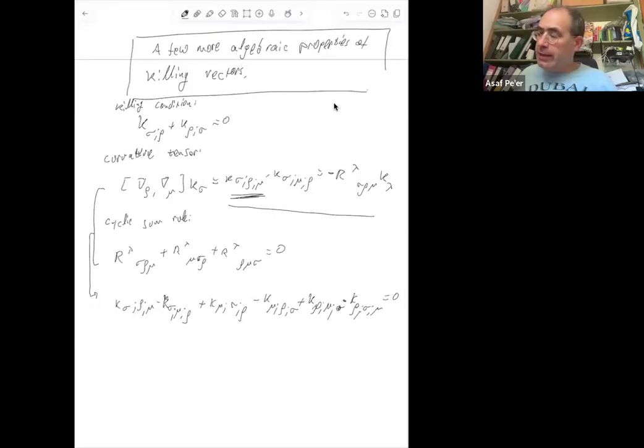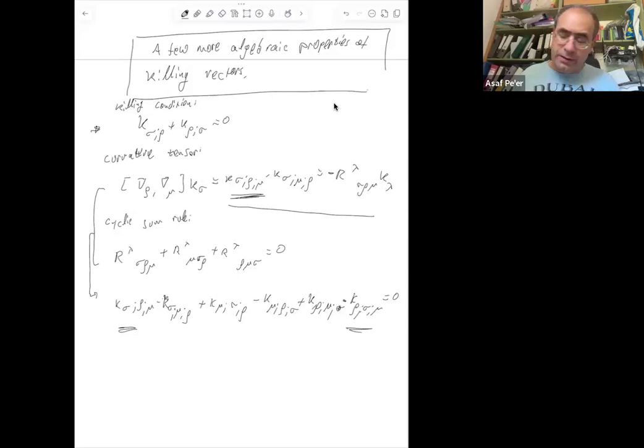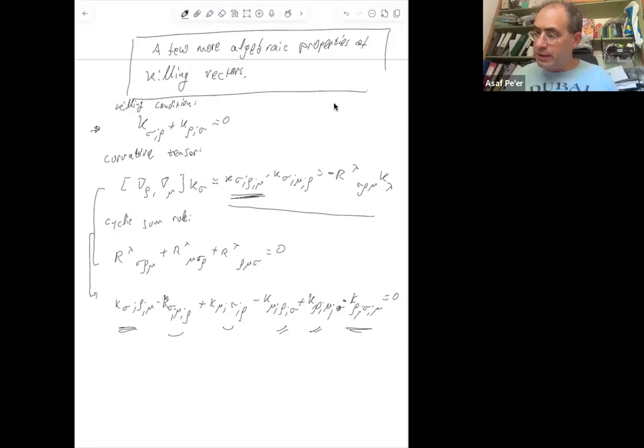Now we're using again the Killing condition. This would be a minus, I can switch that, and I get the same, so I get twice the first one. The same for these two, and the same for these two, just using the Killing condition.